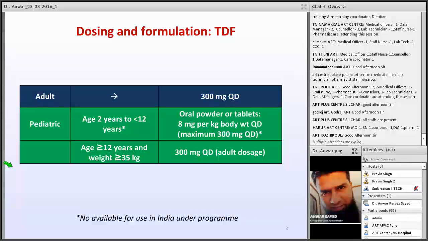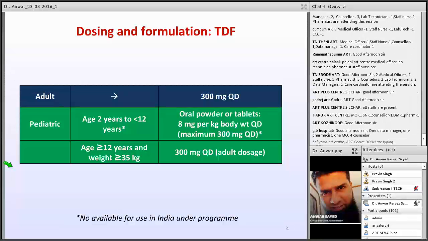As far as formulations or the dosing is concerned, we have an adult formulation of tenofovir available in combination with lamivudine, or in combination with lamivudine and efavirenz. The dose for that is 300 mg OD. It has been approved by FDA in pediatric populations of more than 2 years of age.